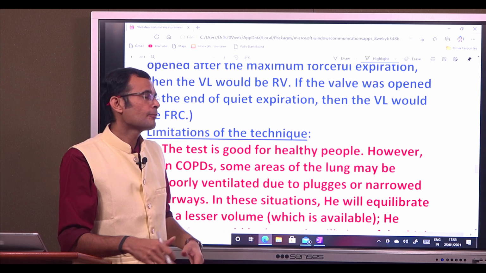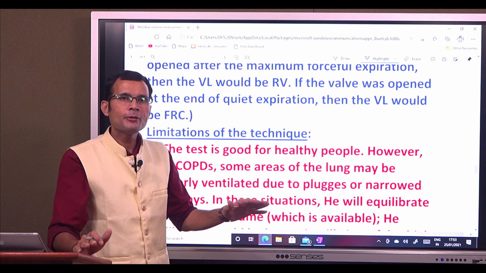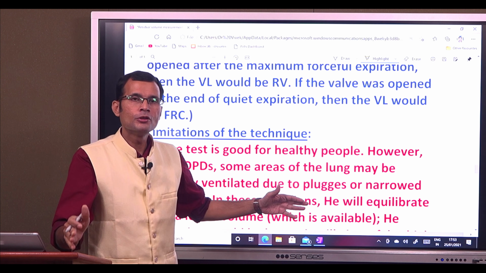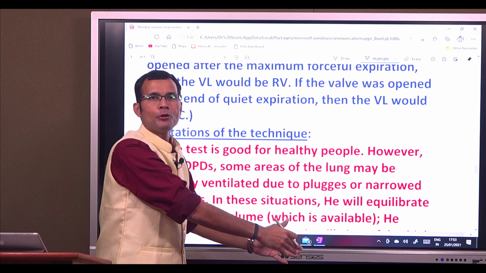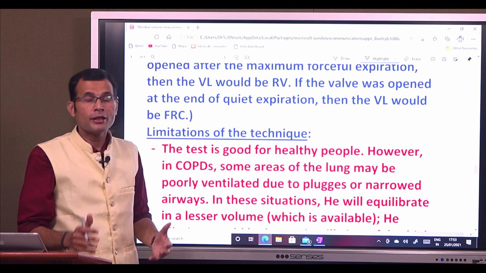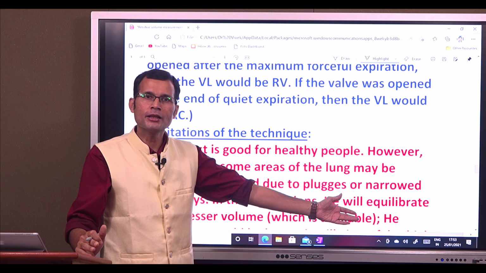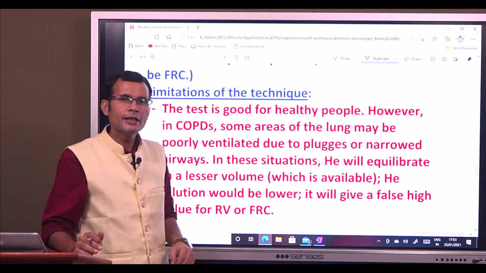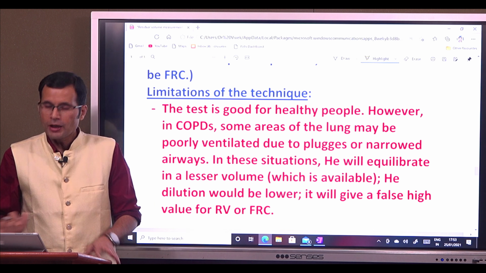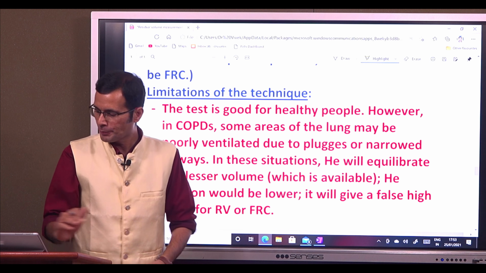In this case, we are distributing the helium into the volume which is spirometer volume plus lung volume, and we already know the spirometer volume. What will be the lung volume then? That can be calculated, right? So that's the helium dilution method, a closed circuit method, as I mentioned previously.